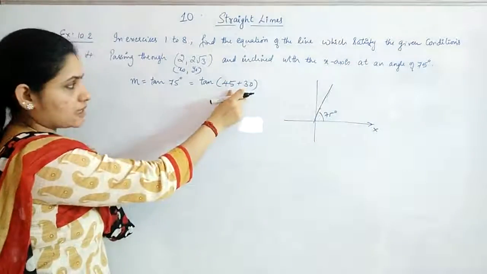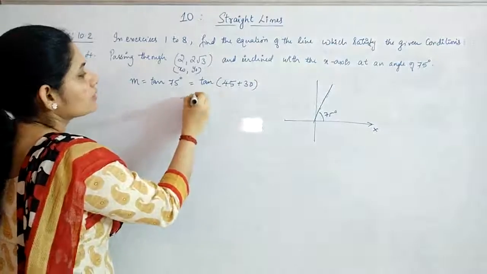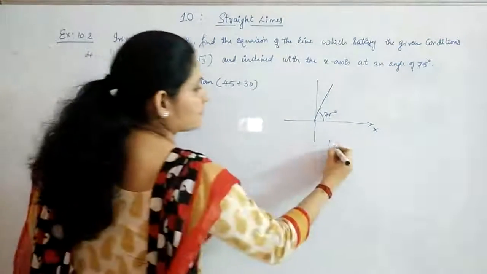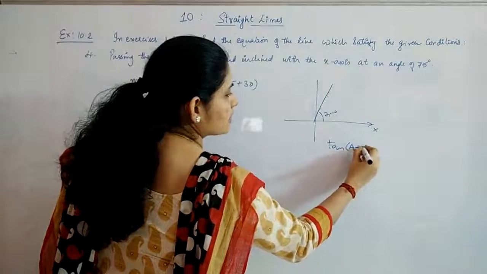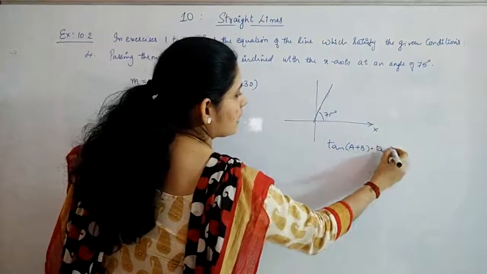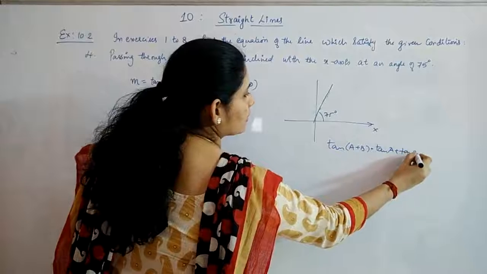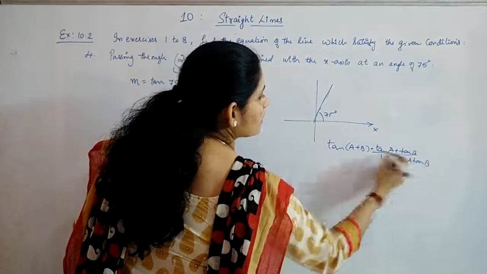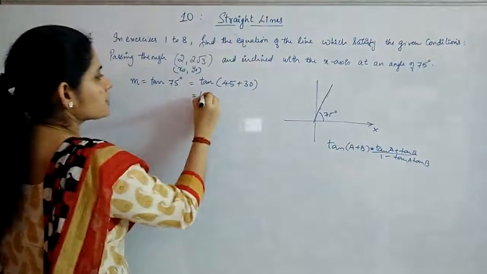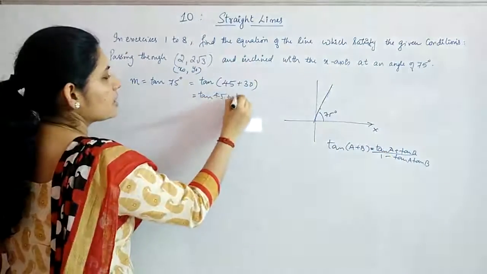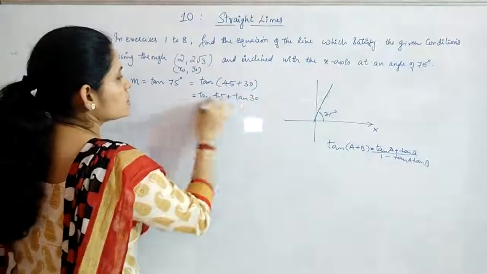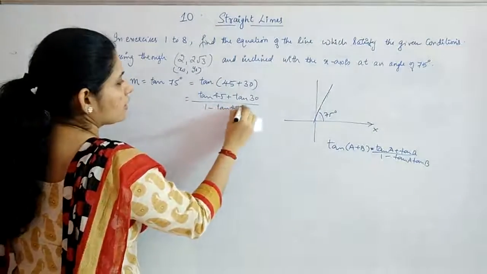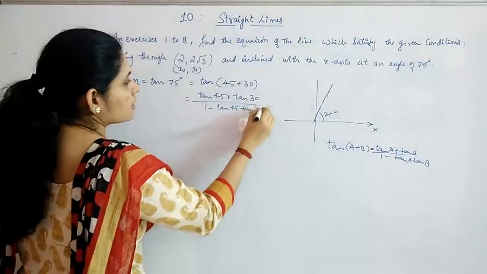Now this can be written as tan of a plus b is tan a plus tan b by 1 minus tan a tan b. So replacing that here, we will get tan 45 plus tan 30 divided by 1 minus tan 45 tan 30. Everything is in degrees, okay?